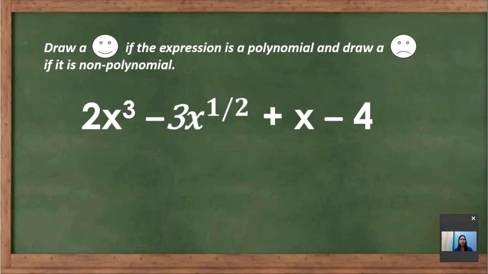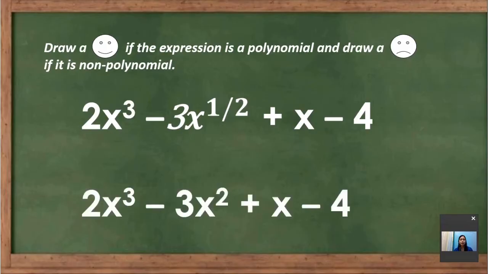Second pair of expressions, we have 2x cubed minus 3x raised to 1 half plus x minus 4, and we have 2x cubed minus 3x squared plus x minus 4. So what's the difference between the two? You're correct. There is a fractional exponent in the first expression.